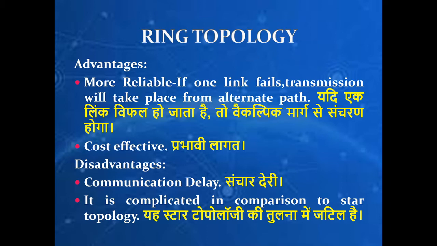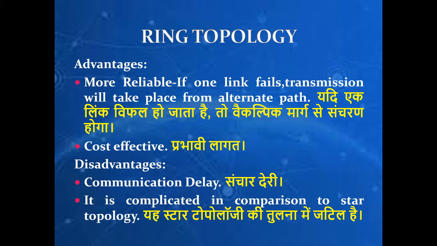Disadvantage: communication delay, because we do not have a direct connection. In the star topology we had a direct connection with the central node, but here we don't have any direct connection. We have to pass the data through intermediate nodes, so the disadvantage is communication delay.